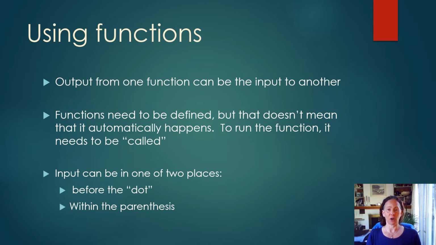For that function call, there are two different ways that we can set up our input. One way is with dot notation, so we put whatever our input is in front of a dot, and the other way is to include it in the brackets. Now there are specific reasons we have two different ways of giving the input, and that's not something we're going to go into right now.